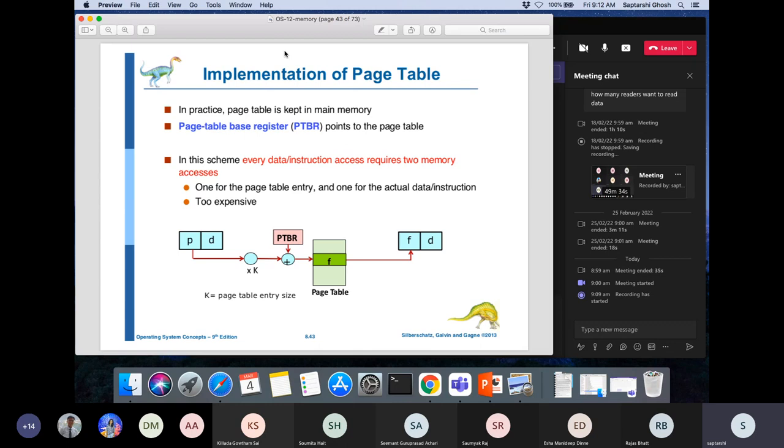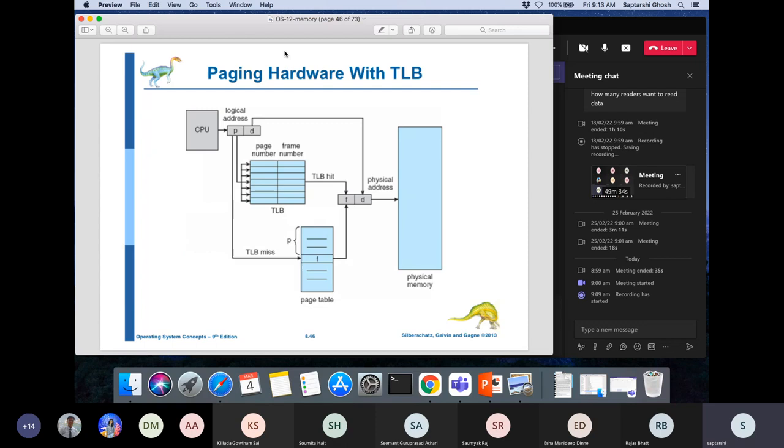One to the page table to get the frame number of the data, and next to the data. This is bad because memory access is slow. We would not like to spend 2 memory accesses for each data access or instruction access. But this problem has a simple solution called the TLB.